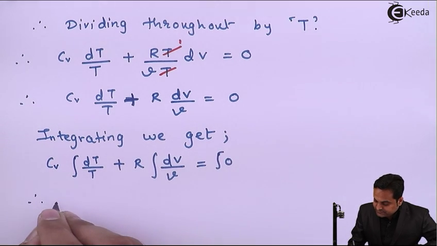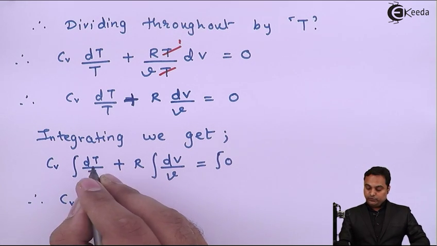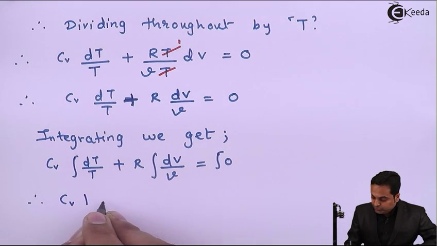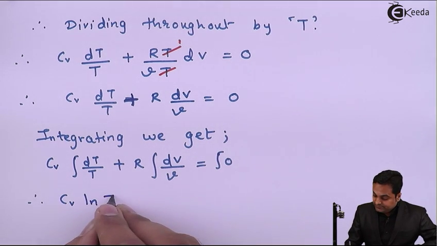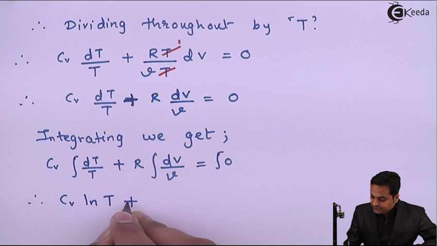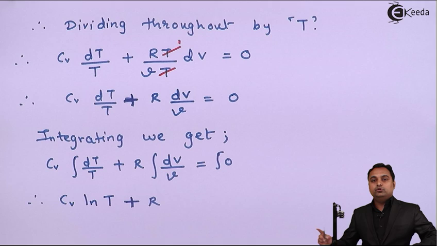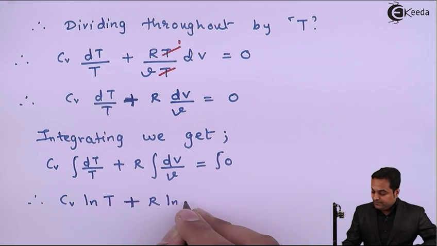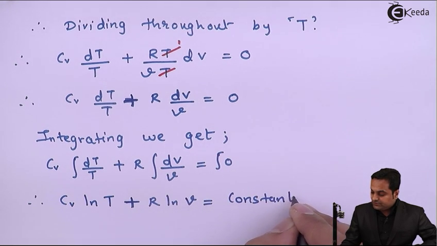Then CV, integration of 1 upon T with respect to dT, that will give us log to the base e, which is written as ln. So CV ln T plus R into integration of 1 upon V is log to the base e, which is ln V, and integration of 0, that is a constant.